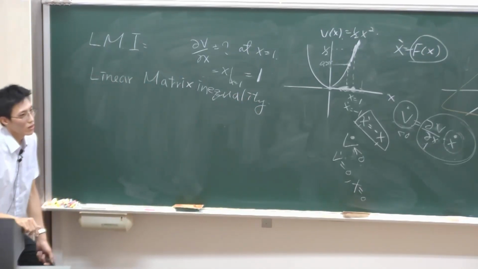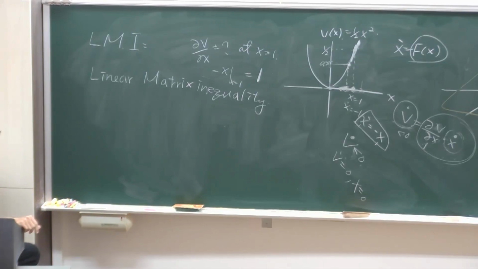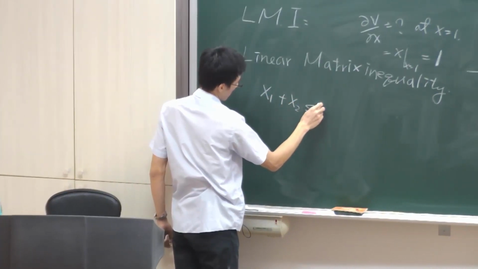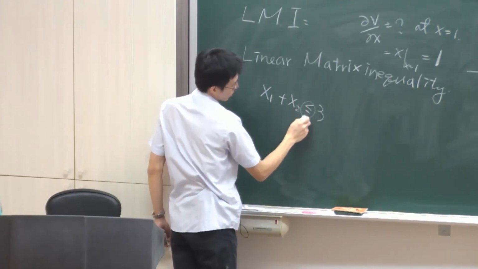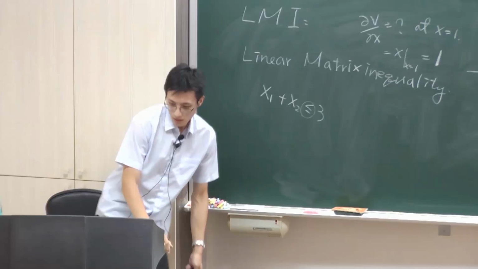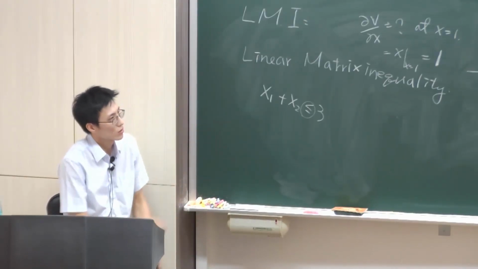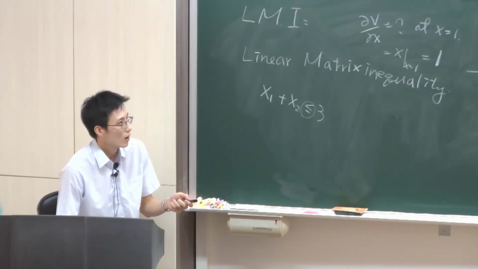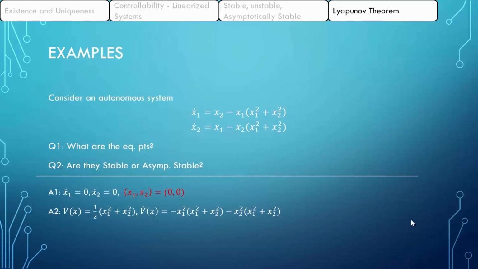But for nonlinear systems, it's usually hard to find. So we can search for this keyword if you're interested. But here we just randomly pick or design the Lyapunov function, and try to see what V dot is.